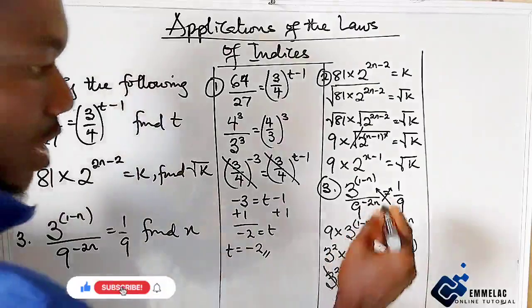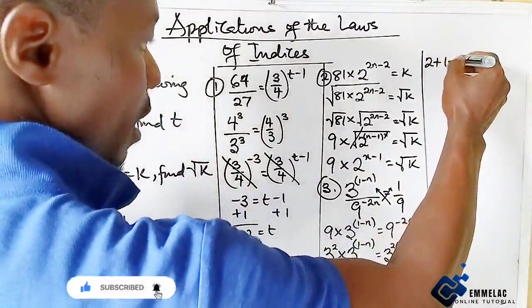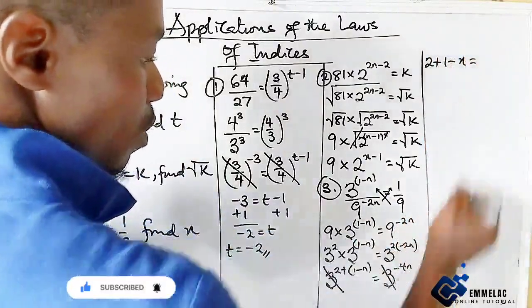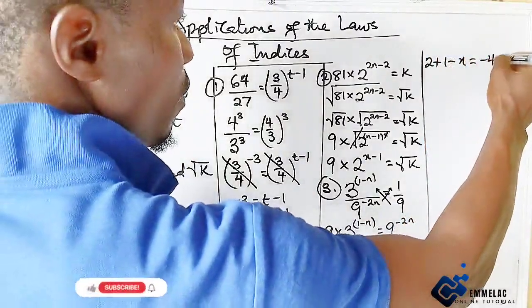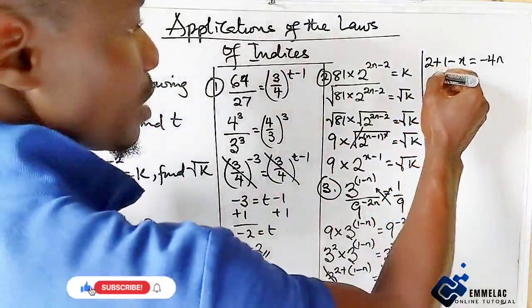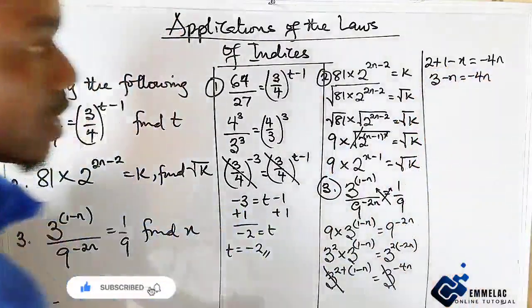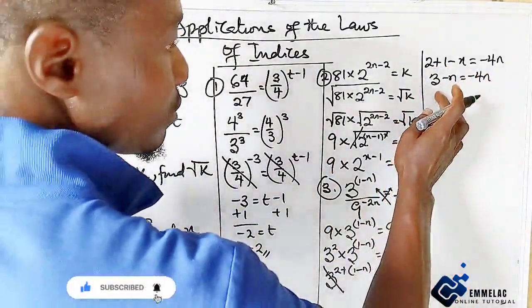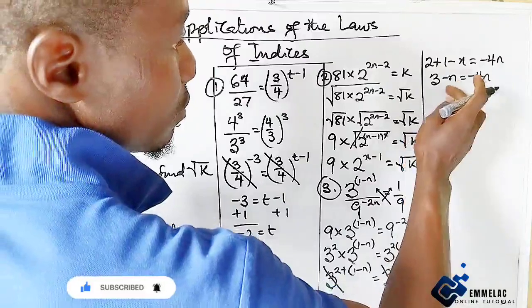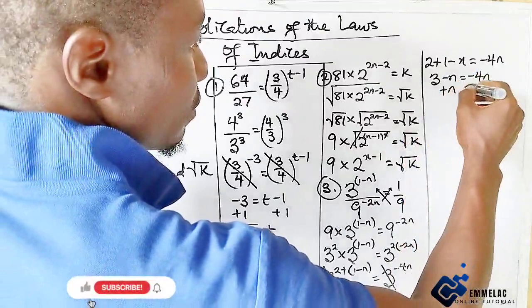So at the end of the day, opening this bracket, we have 2 plus 1 minus n equals minus 4n. We can collect like terms. Let us say you have 3 minus n equals minus 4n. We can add n to both sides.